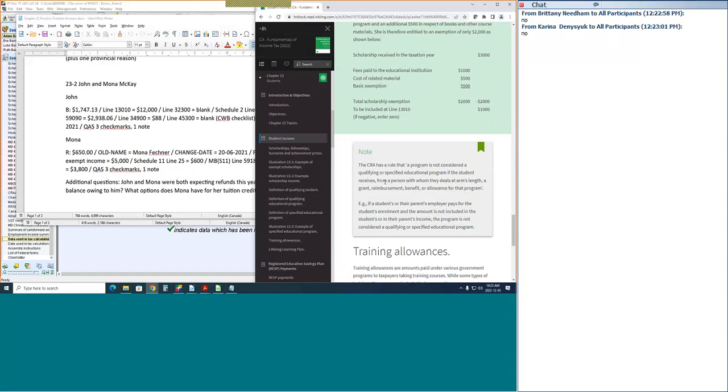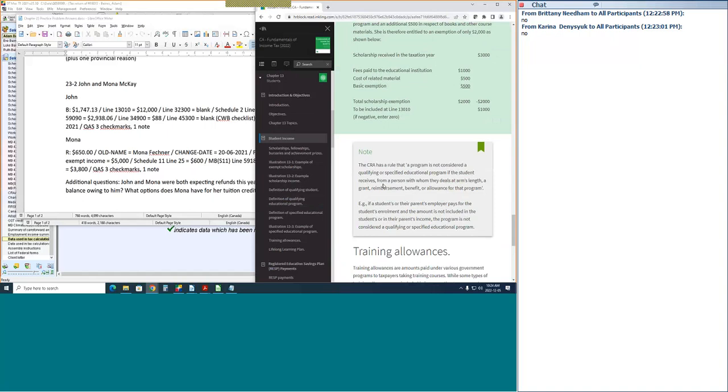The CRA has a rule that a program is not considered a qualifying or specified educational program if the student receives, from a person with whom they deal at arm's length, that means someone who's not related to them. So if you are receiving your tuition money from your parent or your spouse or your grandparent, they are not at arm's length. They are in your circle.